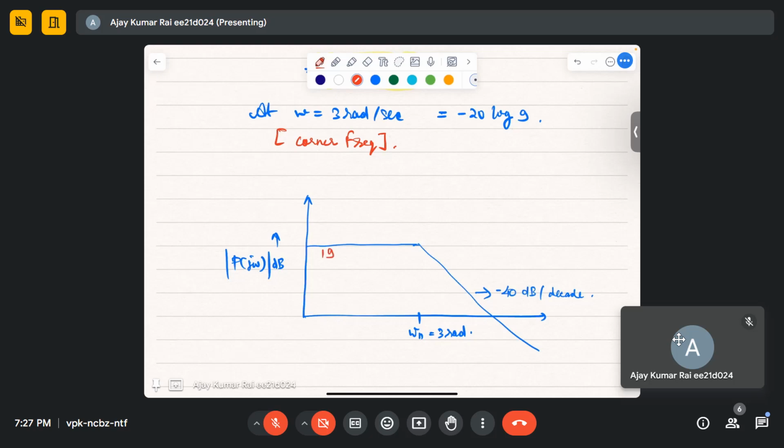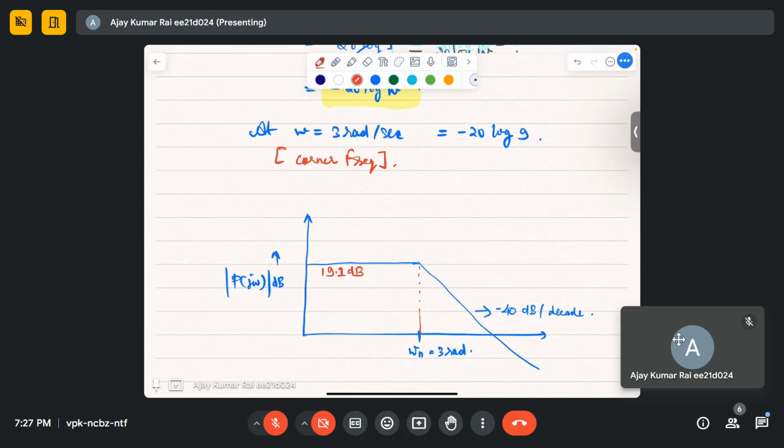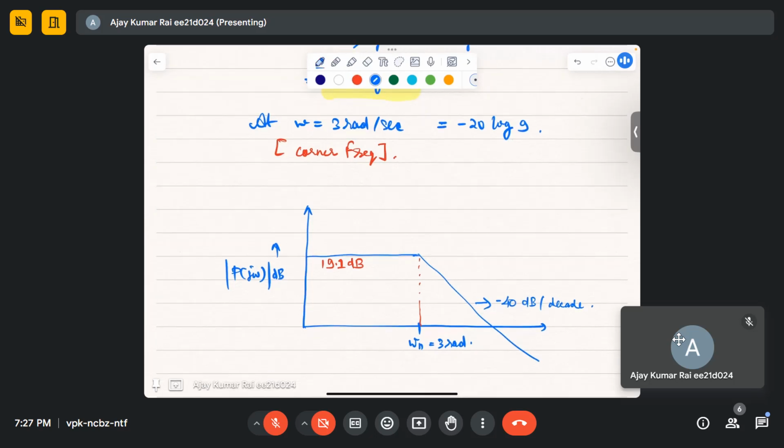This value is 19.1 dB, and this is the corner frequency. The actual will be different. The actual will be like this. We'll have some peak, so this will be the resonant frequency, like this.